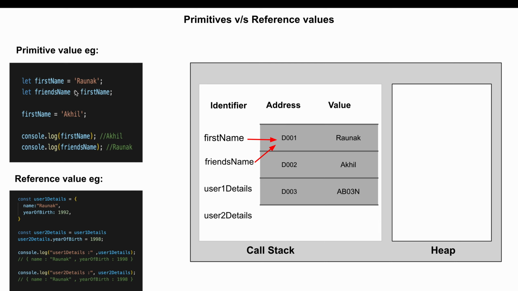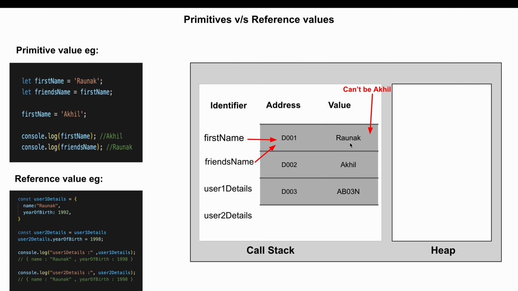As soon as we assign a new value to firstName, a new address gets created which holds that value, because the same address cannot hold multiple values, or we can say one address cannot change its value. It will hold only one value. So the address D001 will not change its value, which is Raunak right now.